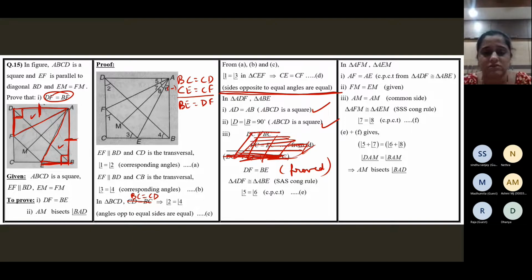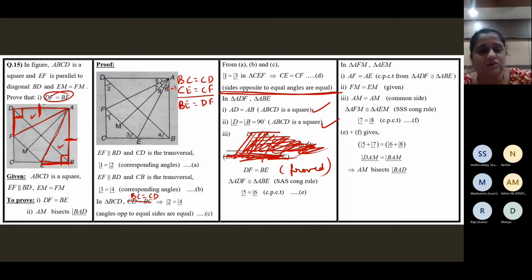Not all this. Take away all this, only this. Reason is proved. So the two triangles are congruent by SAS rule. ADF, ABE. Yeah, that's correct. Angle 5 is equal to 6 by CPCT. Everything is fine, children. Just take out this part, that's all. Am I clear? Yes, ma'am. So angle 5 is equal to angle 6 by CPCT.